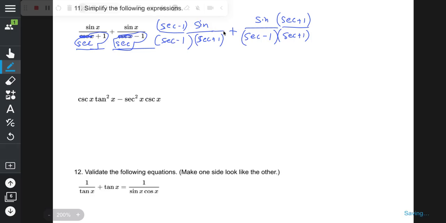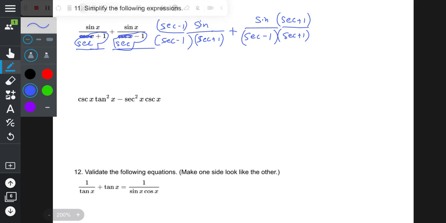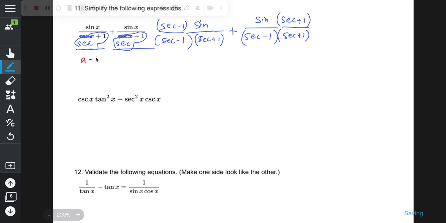The reason that I'm doing that is because you'll want to notice patterns that look like this. When you have an a minus b somewhere and an a plus b somewhere else, when you multiply these two binomials to make the denominator, you get a squared minus b squared. This is difference of two squares.